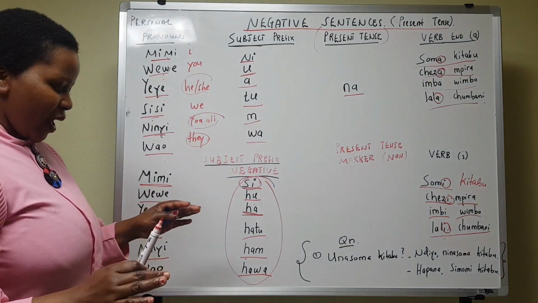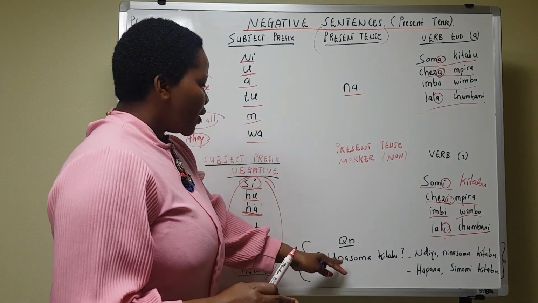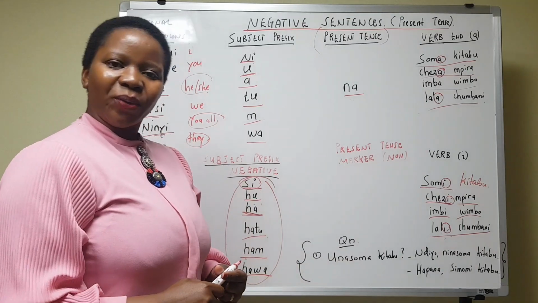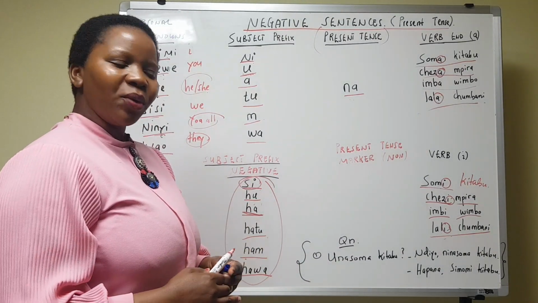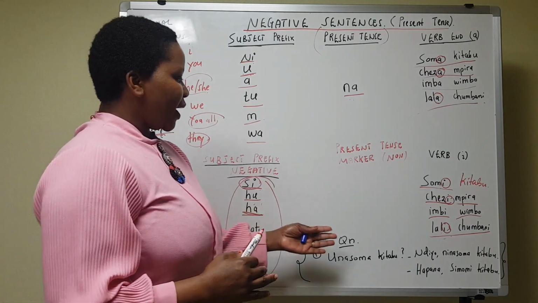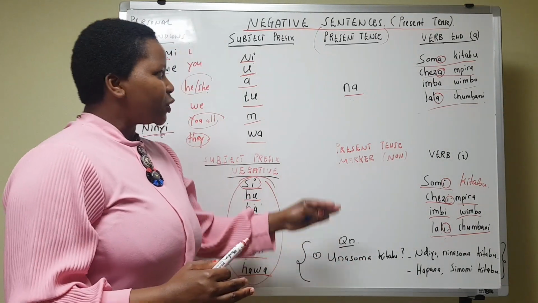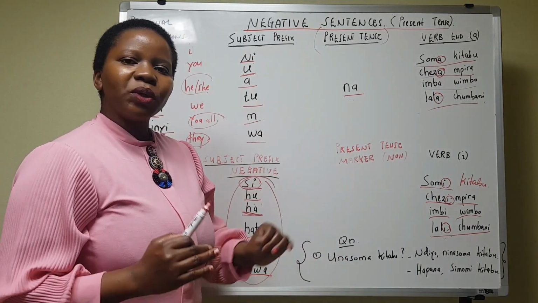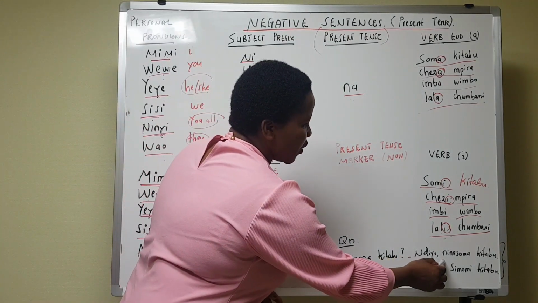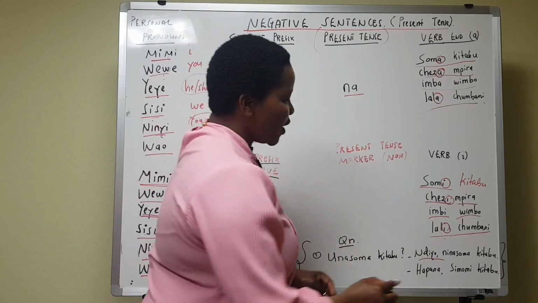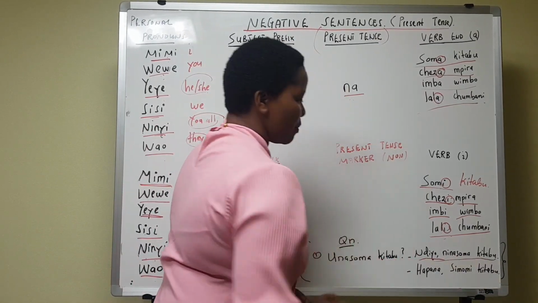Okay, so I have a question here. Unasoma kitabu? If someone asks you, unasoma kitabu? And you want to answer in a positive and in a negative form, the answer will be like this. Ndiyo, ninasoma kitabu.